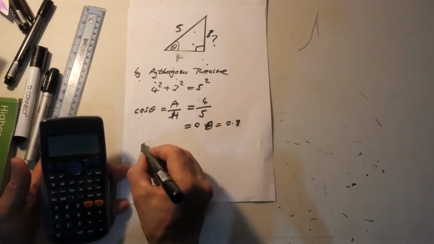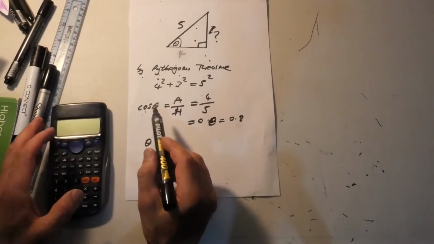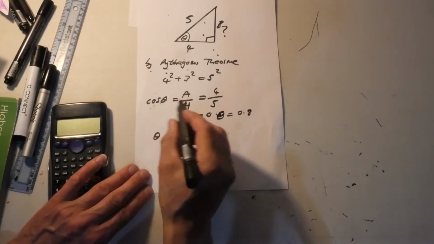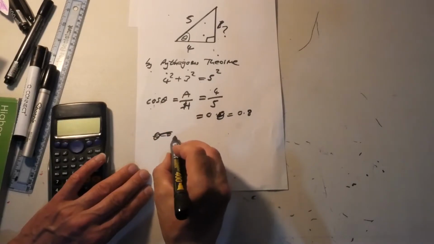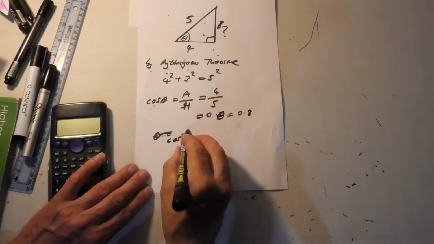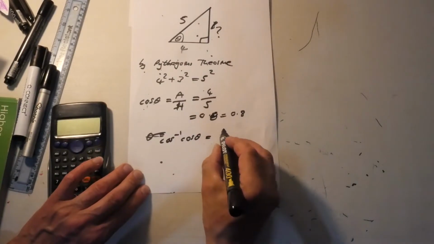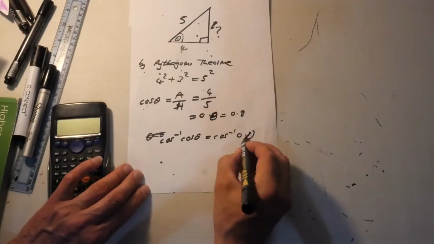So for theta, you actually take the inverse cosine to do this. If I'm going to go through this a bit more rigorously, cos inverse of cos theta equals cos inverse of 0.8, okay?